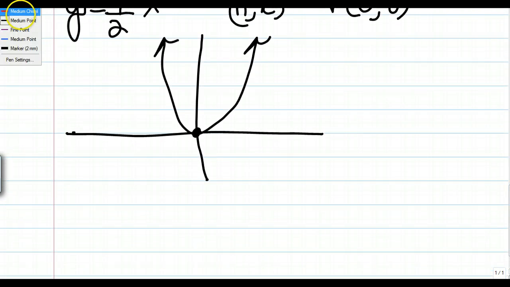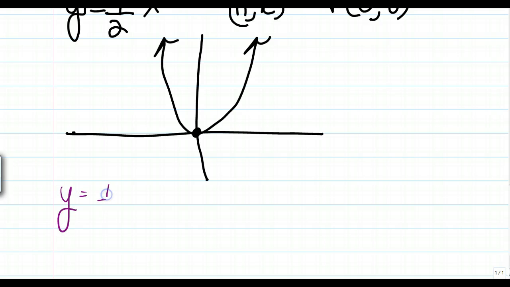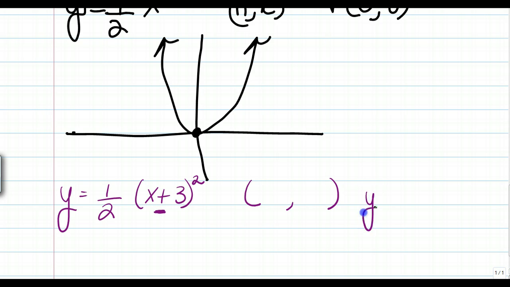Let me change colors here. Let me give you another one. What if I gave you y equals 1/2 times x plus 3 squared? Well, with our equation, we know that we have a vertex h, comma, k. This is my h. And what's tricky about this is it's a plus. But remember, in my equation, I have minus h.